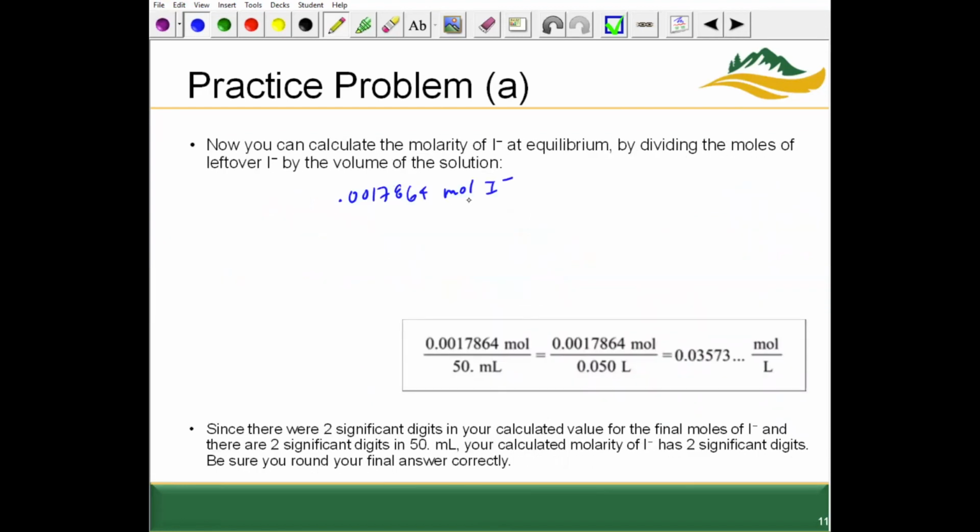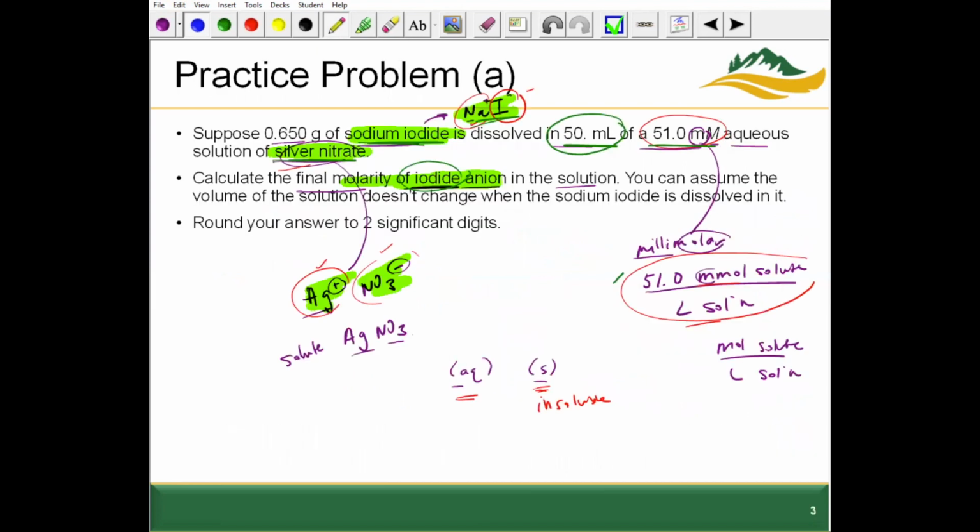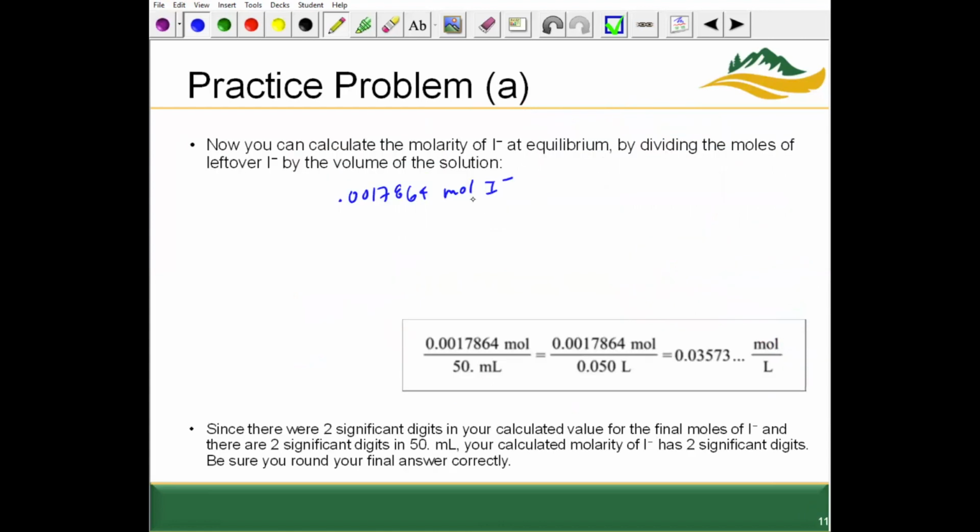We have this many moles of I minus. We're told in the problem we want the concentration of I minus, or iodide anions, left over in solution after this precipitate forms of silver iodide. Then this is still all in the same volume solution. This has all been happening in 50 mL of solution. So now to solve for our concentration, because we want the final molarity, and we have the moles of I minus, we can go ahead and plug in here.